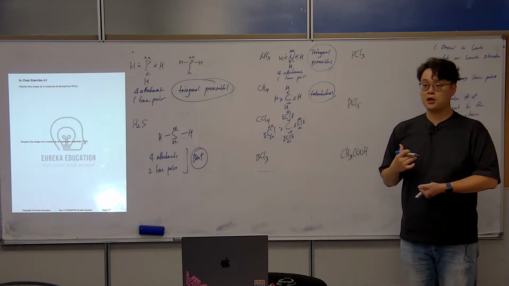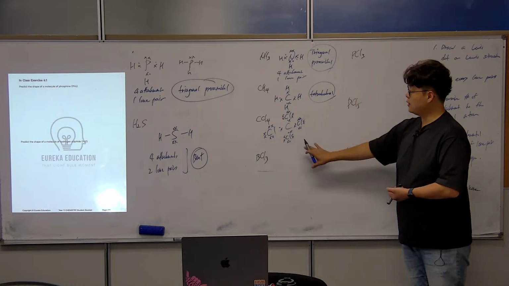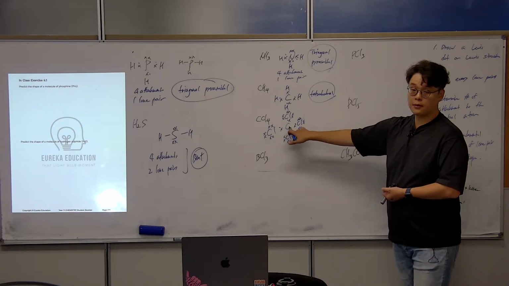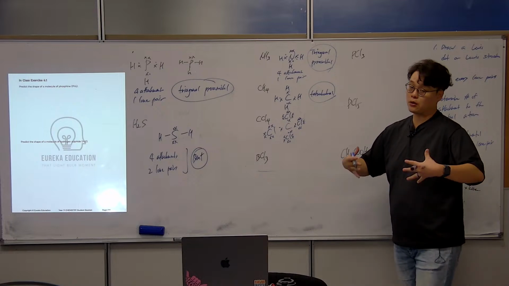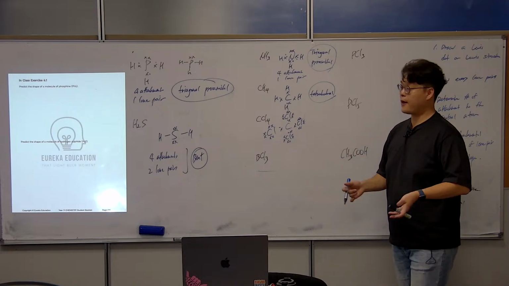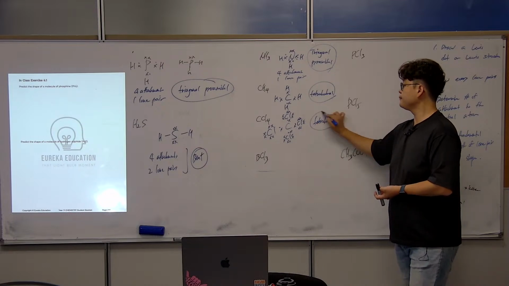Okay, it looks complicated, but the way you draw the Lewis dot is pretty simple if you understand it. Then the central atom carbon has 4 attachments. It doesn't really matter how many lone pairs the outer atoms have. It only has 4. No lone pair means tetrahedral, straight away.